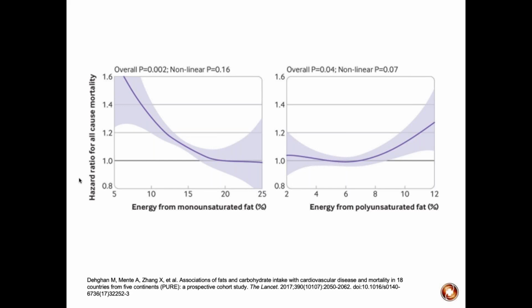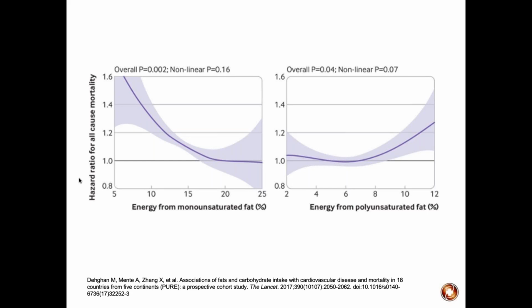And this paper is the PURE study, of course, which is a phenomenal paper looking at the relationship of dietary fat to all-cause mortality, and then some different sources or causes of mortality, really breaking down different types of fatty acids and their relationship. It's a 2017 paper published in the Lancet, with over 50,000 participants, 18 different countries, and 5 different continents.